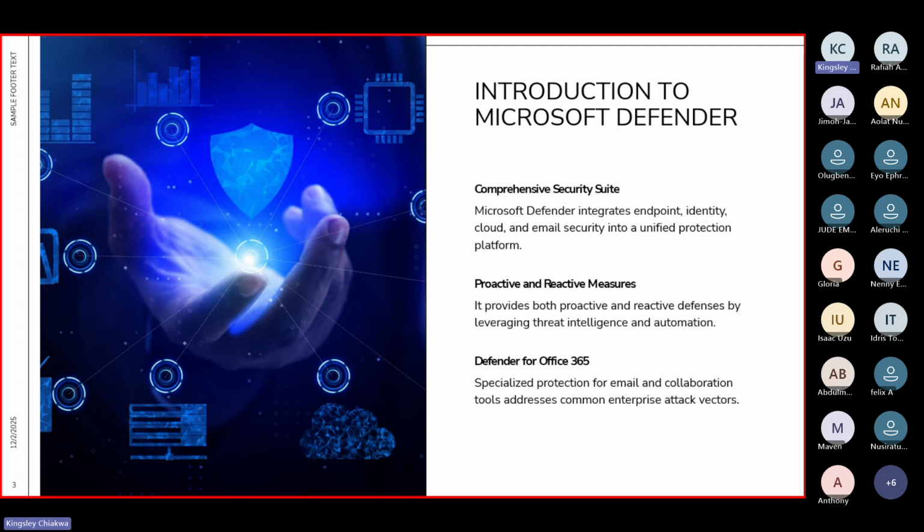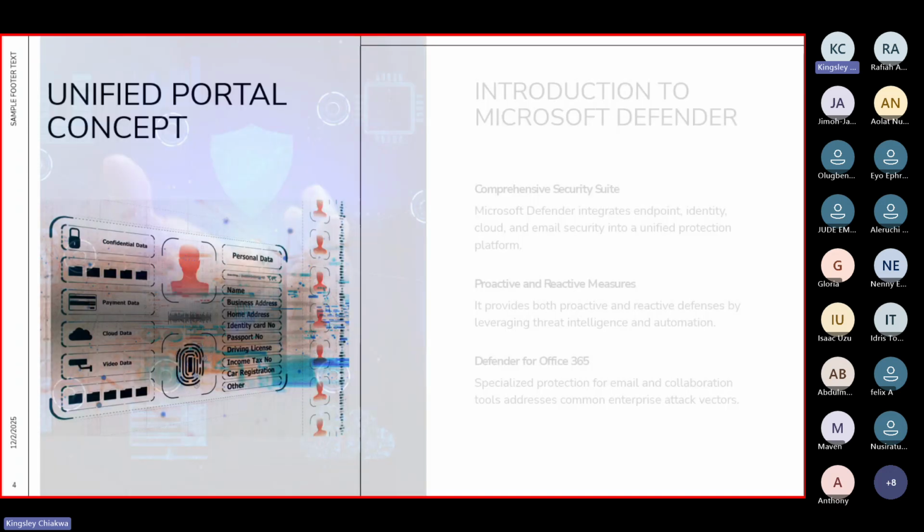In general, Microsoft Defender comprises both security and compliance. However, Defender for Office 365 majors on email security. It also majors sometimes on the identity of the users, protecting identity as well.